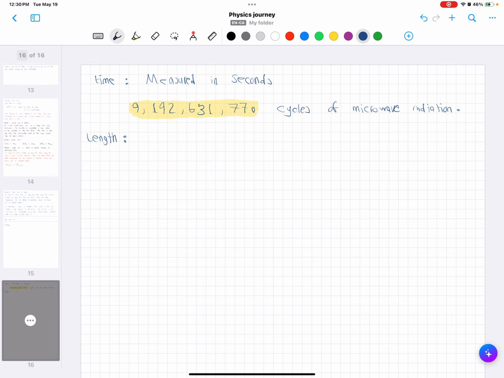The meter is the distance traveled by a photon in about 1/300,000 of a second. All right, so we measured the distance traveled using the speed of light.